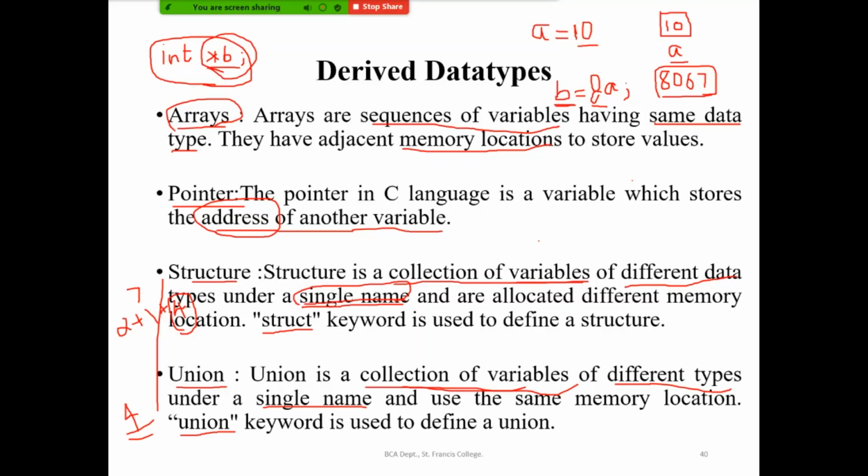If you just give a, what will happen? We will learn that. But if I just give b equal to a, it will assign the value 10 of a. If I give ampersand a, it will assign the address of a. Is it clear? So pointer variables are declared using the star notation, and to get the address of a variable, we have to use ampersand.